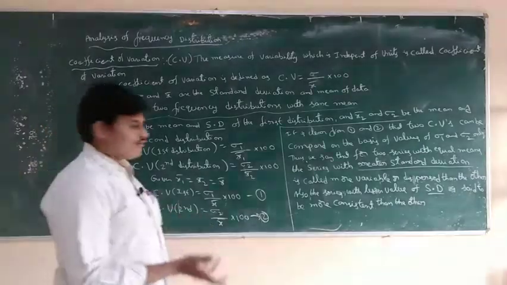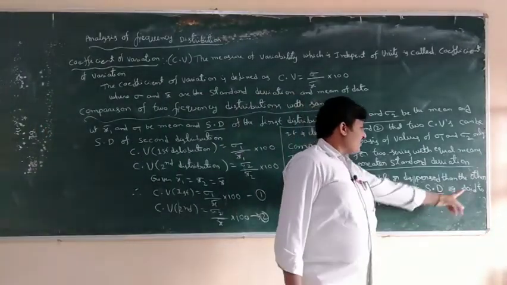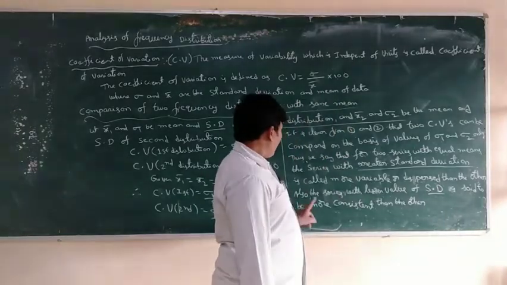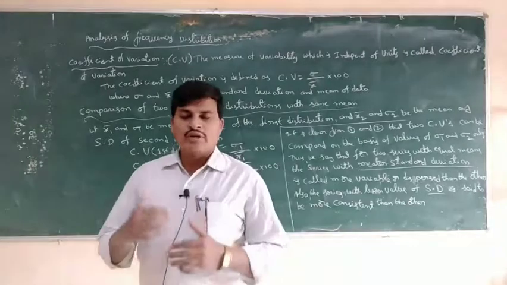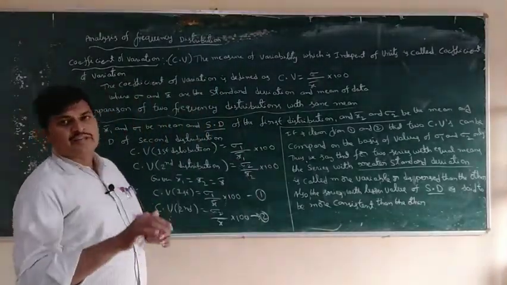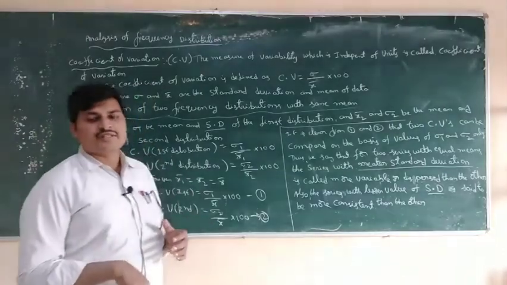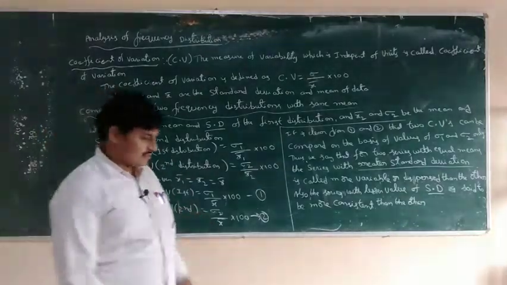The series with the lesser value of standard deviation is said to be more consistent. Less value, more consistent. Greater value, more variable.